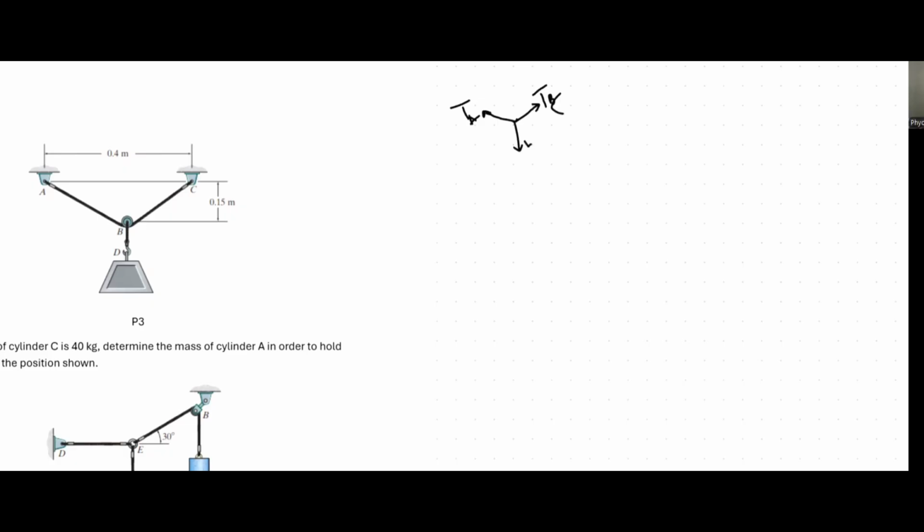Remember, weight is equal to mass multiplied by gravitational force. So we have 5 kg multiplied by 9.81. So our weight will be 49.05 Newton.